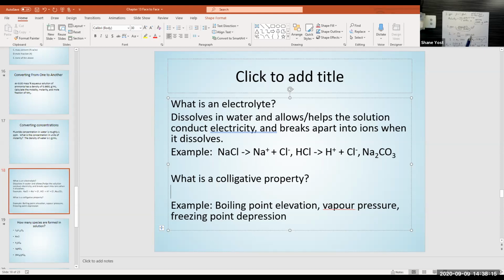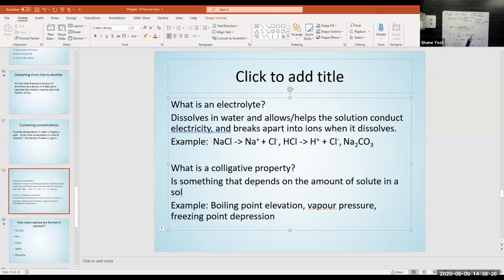Yeah, right. So a colligative property is something that depends on the amount of solute in a solution, not the type of solute. Okay.